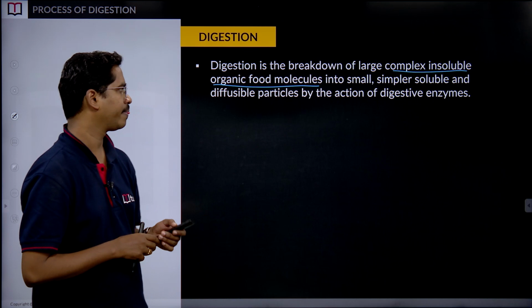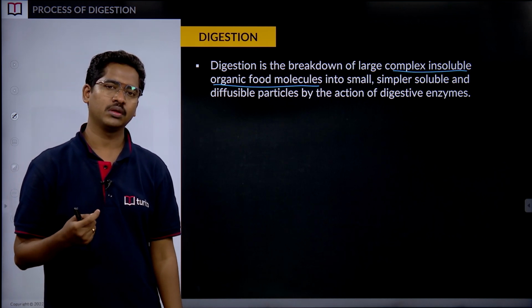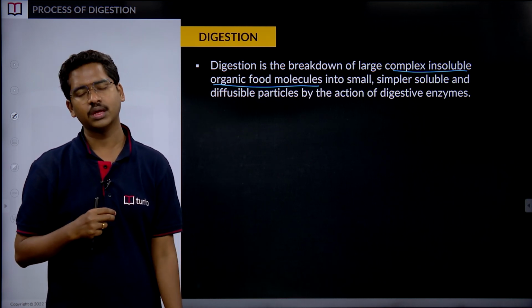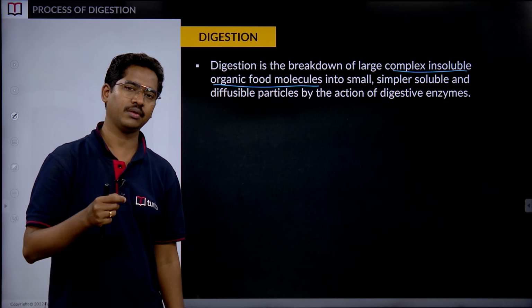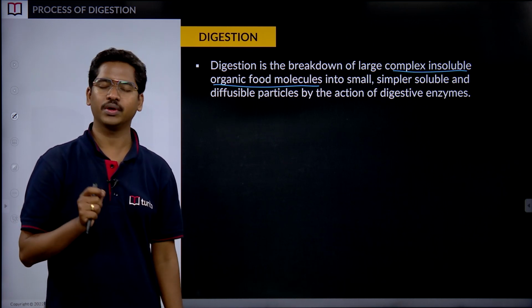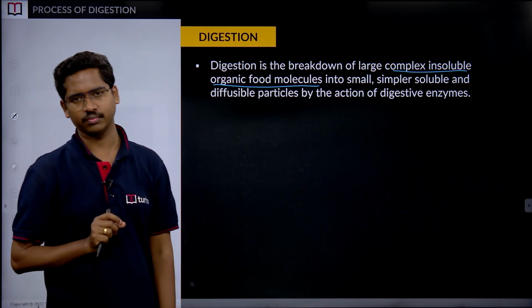It is not so easy. So, it needs a very complex system to make sure the big chunk of food that you put in your mouth gets completely digested and ultimately forms nutrients, which are very, very small compared to the chunk of food that we put in our mouth.